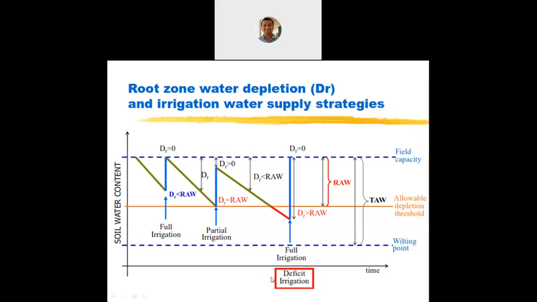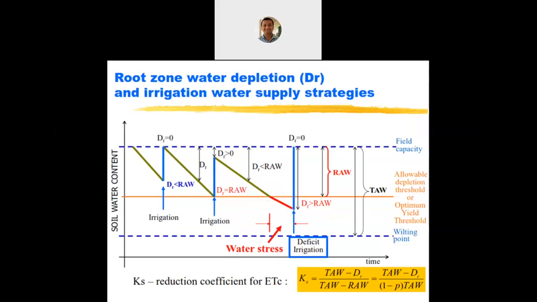So this strategy is basically a sort of deficit irrigation strategy, where we are further delaying the application of water by allowing the soil water to decrease beyond the readily available water limit.